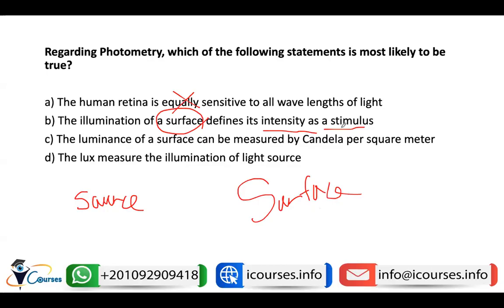The light intensity, light power or light flux comes from the source, not reflected from the surface, whereas illumination from a surface is the luminance and the illuminance. The luminance specifically of a surface is measured by candela per square meter. This is the correct answer.